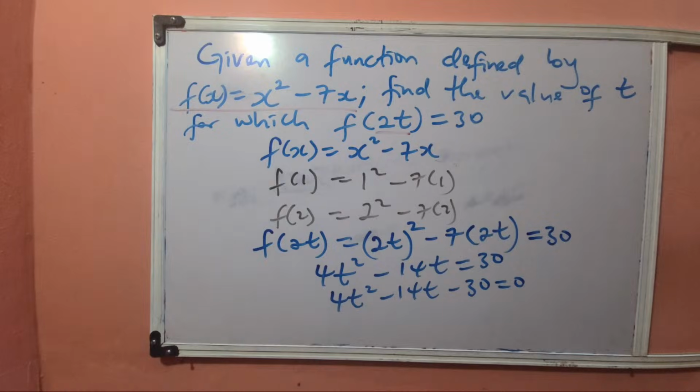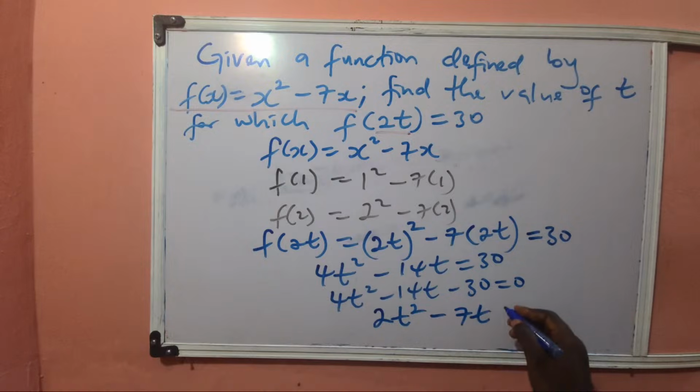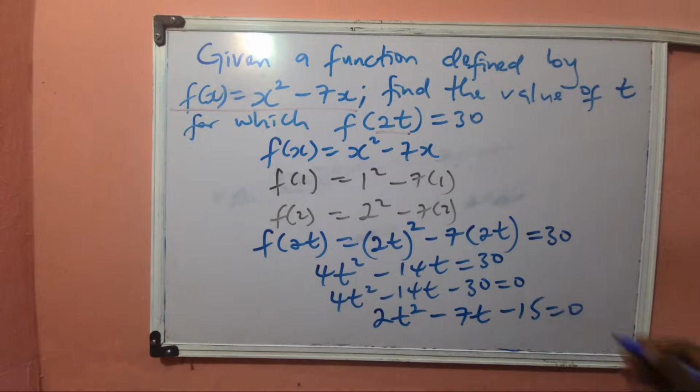Now, you can see this is already in the form of a quadratic expression. In order to simplify this, I can divide all through by 2. If I divide all through by 2, I'll have 2t squared minus 7t minus 15 is equal to 0. So we can go on to solve this quadratically.